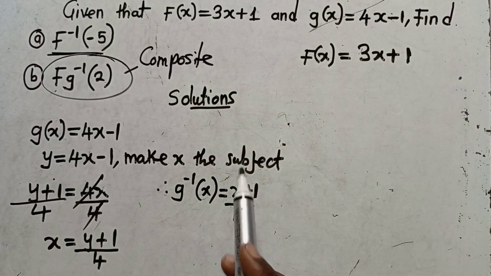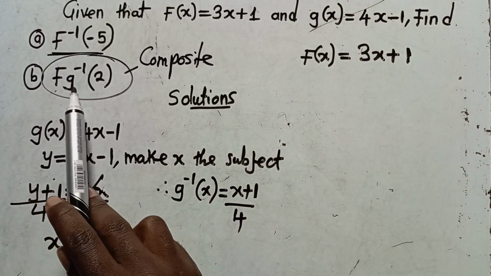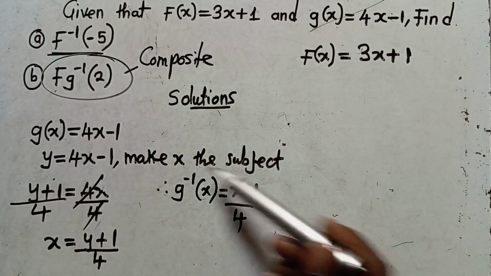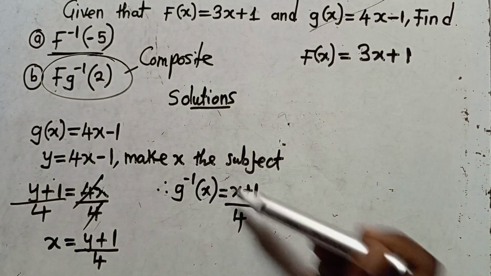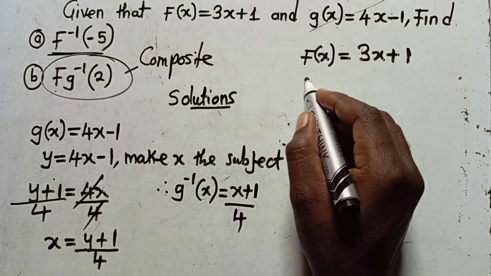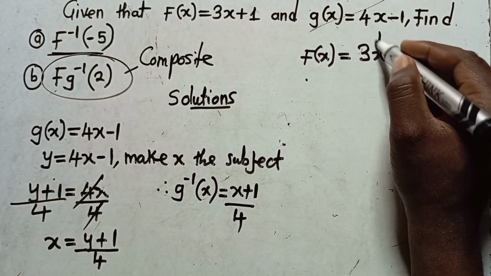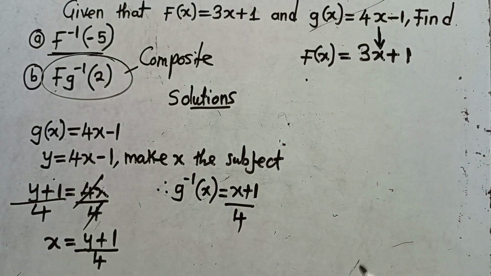From there, I combine it with g inverse. So g inverse is here. Since g inverse is here, I'll say f, where there is x, that's where I'm going to put the inverse g function.